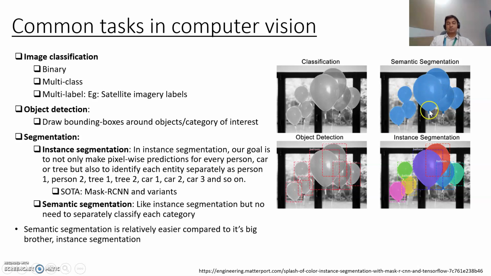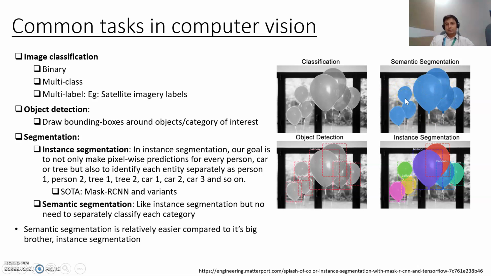The category in this picture would be balloon and not a balloon. You want to identify the pixels that form part of this object or category, which is balloon, and everything else is non-balloon. Here you can see all the balloons, the pixel-level classification, in blue, and everything else we don't care about.